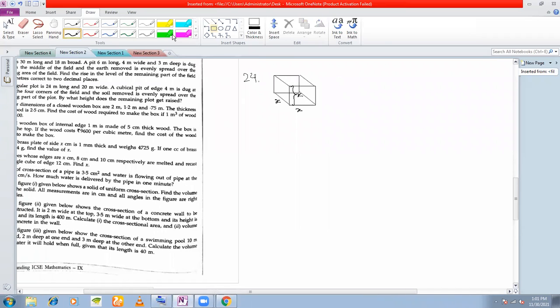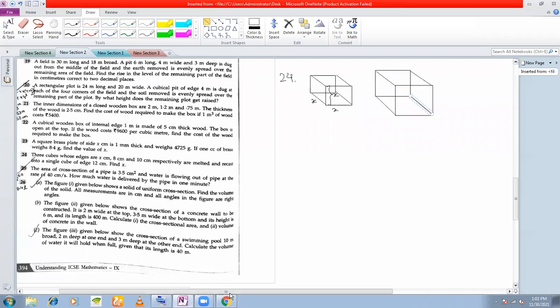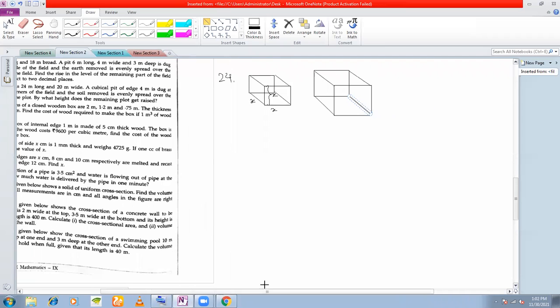Another cube, what is the length, breadth, and height of this? 8 centimeters. So this plus another cube.